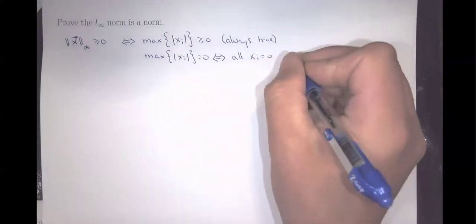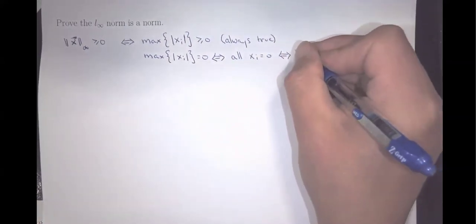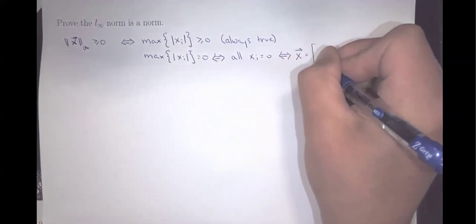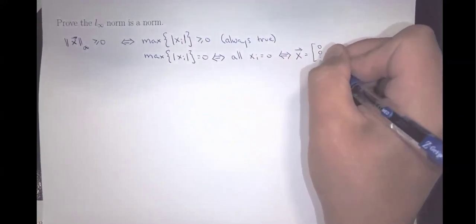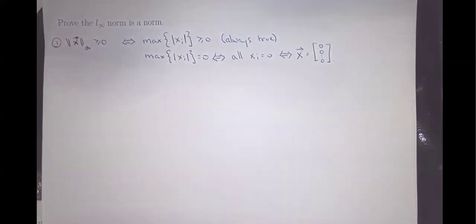And if all xi's are equal to 0, then x is the 0 vector. Okay, so the max norm is greater than or equal to 0 and equal to 0 only when x is the 0 vector. So part 1 done. We've been able to prove positive definiteness.